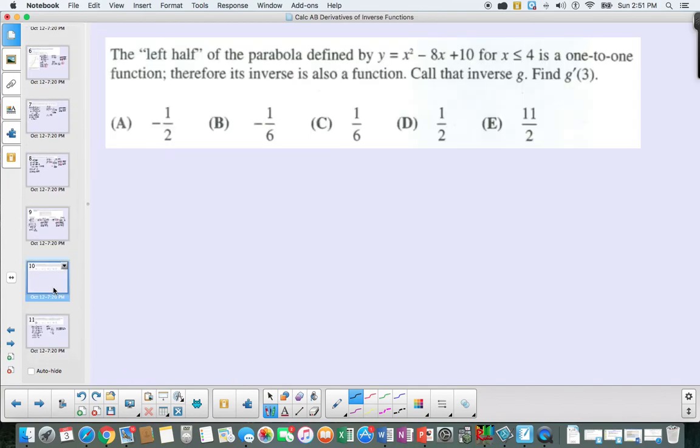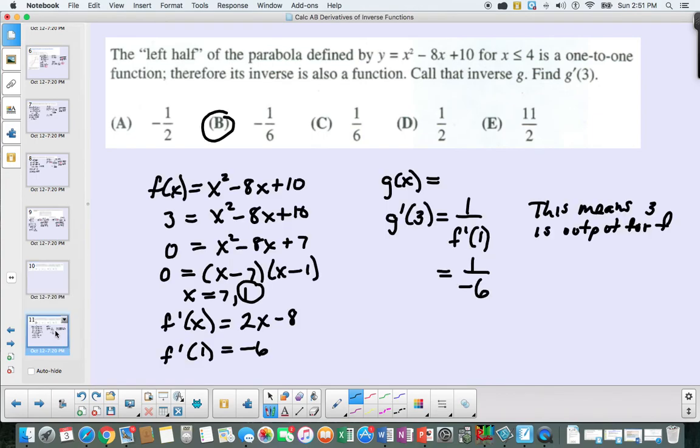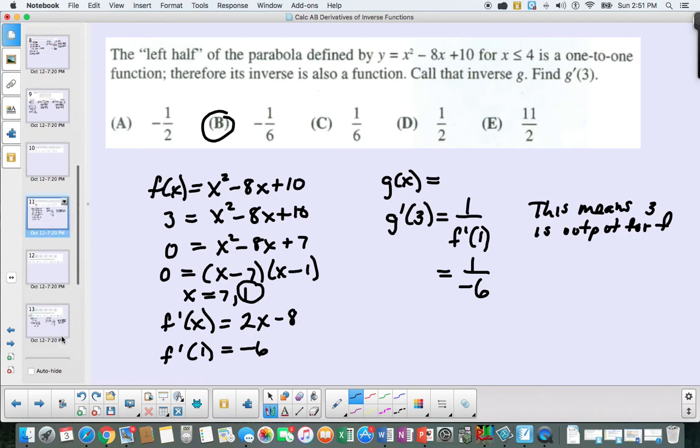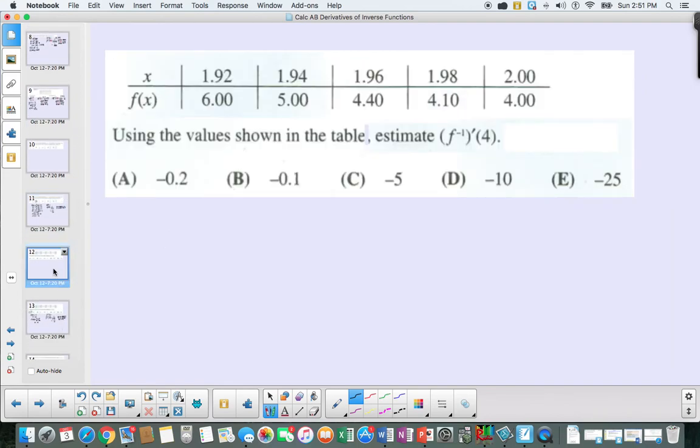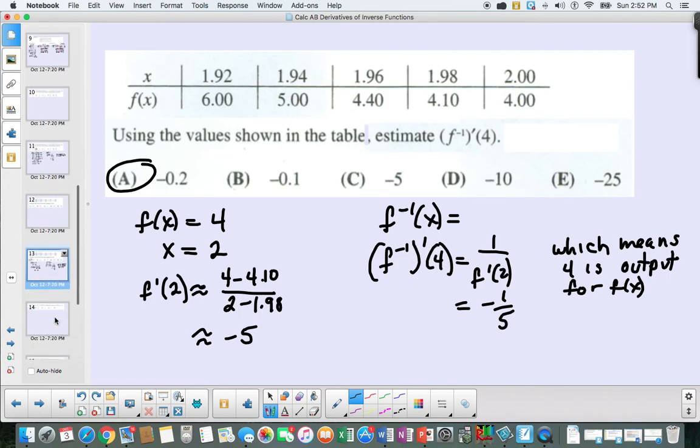Okay, now your turn. Go ahead and stop the screencast, see what you can do, and the next slide is the answer. Here's the answer. Your turn again. Go ahead and take a moment to stop the screencast and then read the answer. And here's the answer.